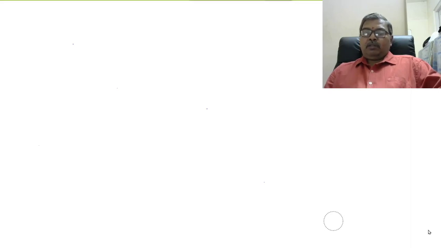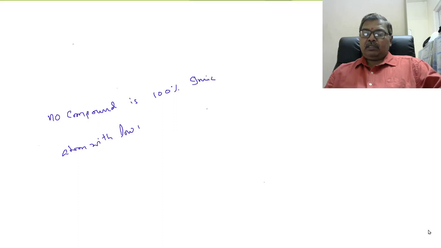Now see, no compound is 100% ionic. Generally, an ionic bond is formed between an atom with low ionization potential and an atom with high electronegativity.